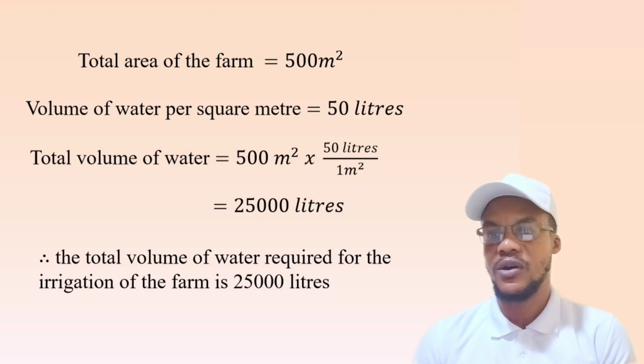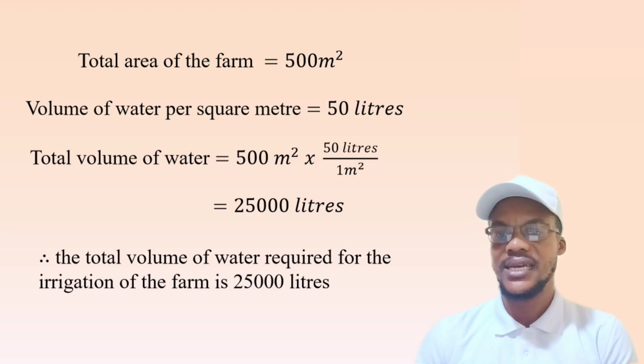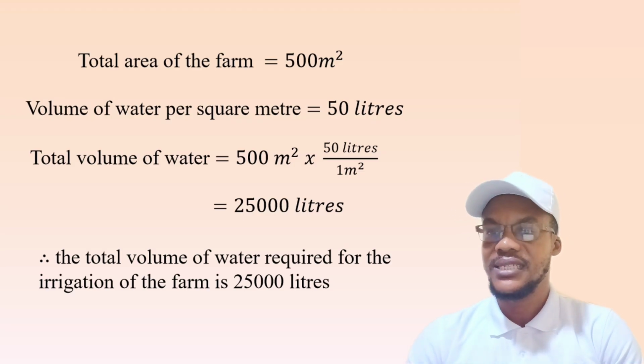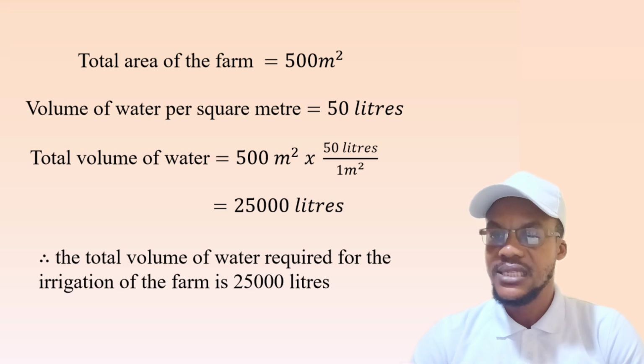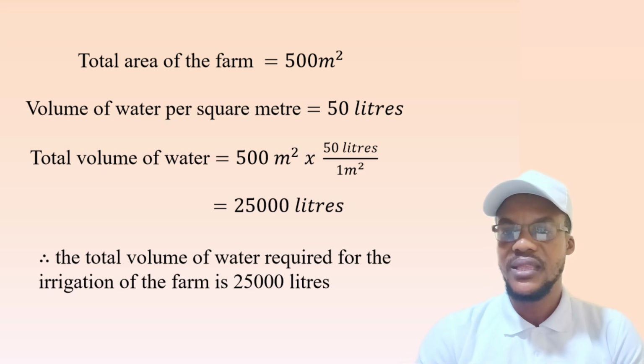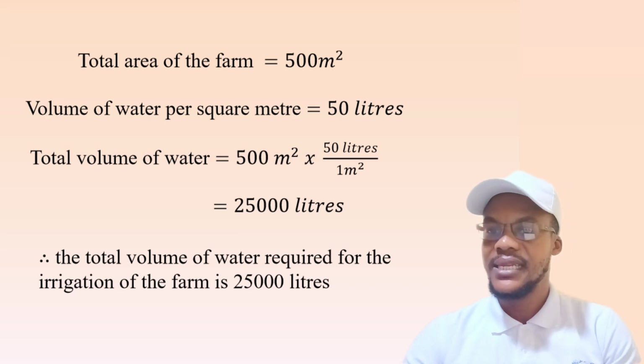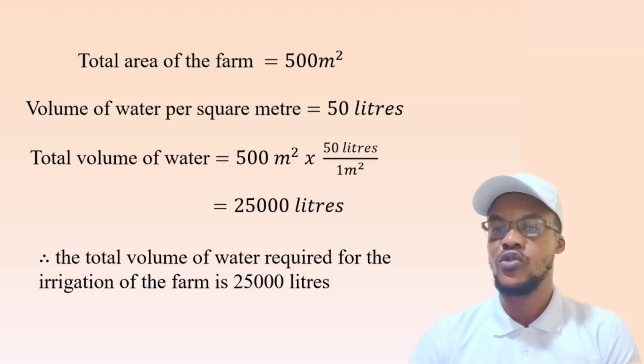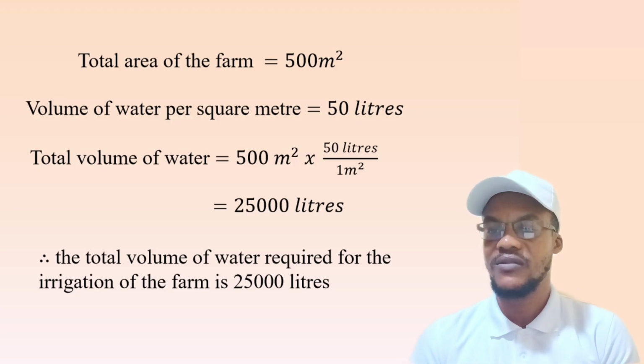Every square meter needs 50 liters, so the total volume of water we need will be 25,000 liters.